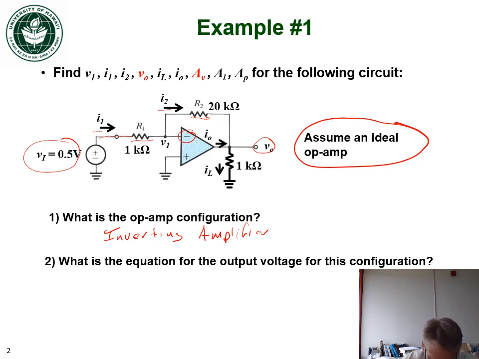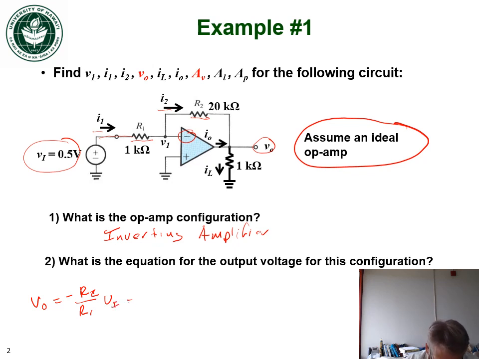And then the next question, number 2, is what is the equation for the output voltage for this configuration? So this is an inverting amplifier, so we can write that V out is equal to minus R2 over R1 times V in.